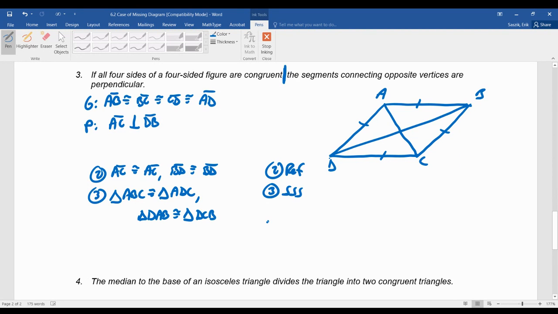This is all by SSS, of course. Now, what can we take from those to help us? We have to show perpendicularity.